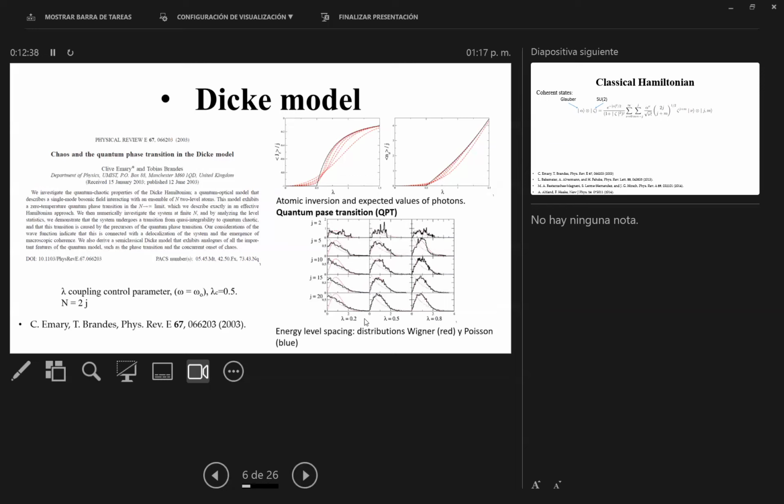Or if you are below the critical parameter in this plot, maybe the chaotic behavior happens but in excited states. It's not a global result. But we proved this kind of result in publications that we did after that.